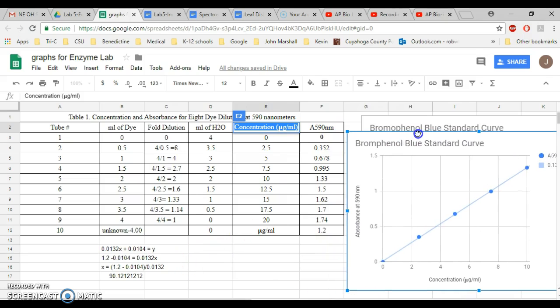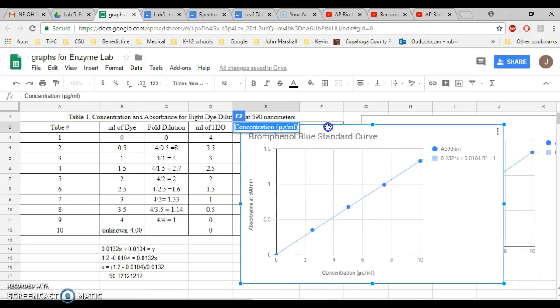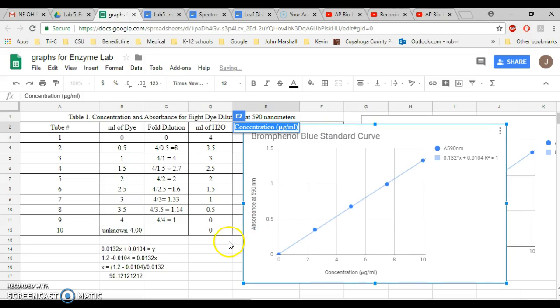So if I drag this over here, you can see that my unknown from before was 1.2. That was the absorbance. Okay, so since I know the absorbance in this case is my y-axis, this equation is actually, and I typed it over here, 0.0132x plus 0.0104 is equal to y.